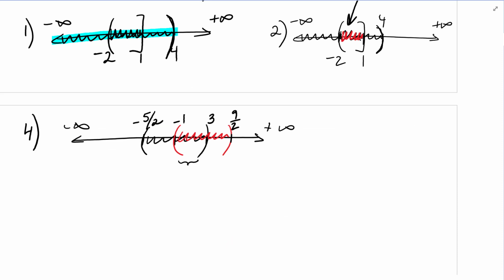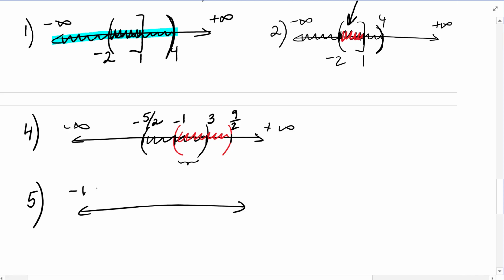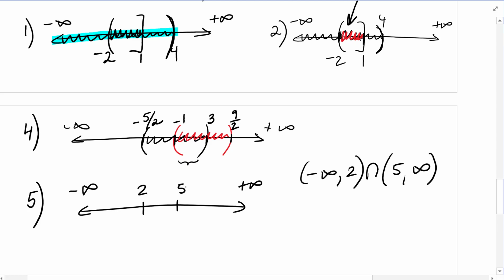Let's do one more for fun. So let's call this 5. What if you had to find the intersection between negative infinity, 2 intersected with 5, infinity? Let's say we had this problem to do. So 2 would be here, 5 would be here. Negative infinity, 2 would be this. And I want to intersect it with 5, infinity, which would be this.